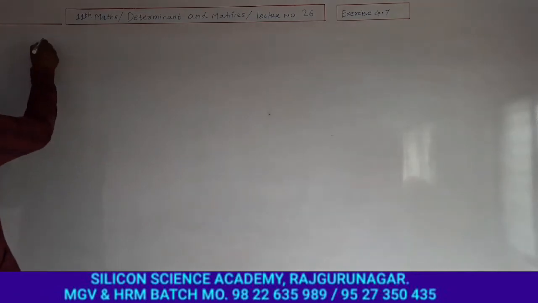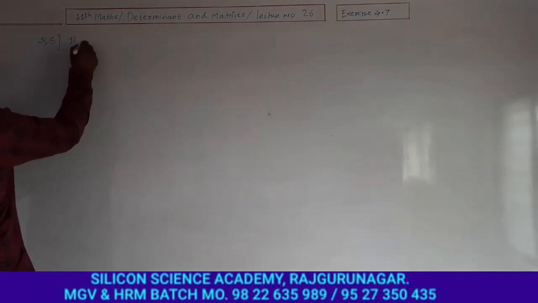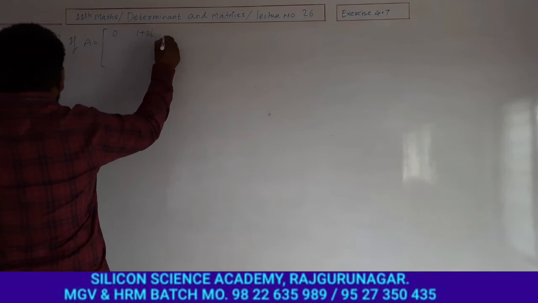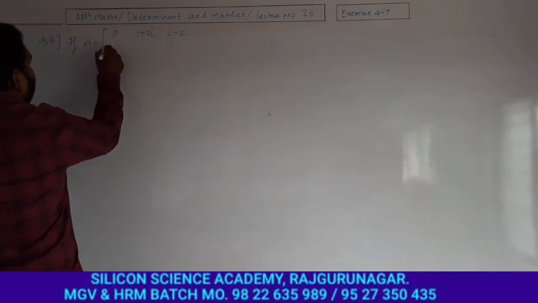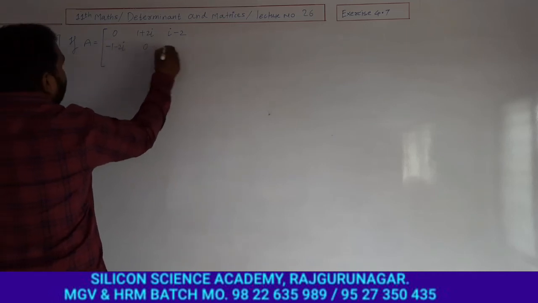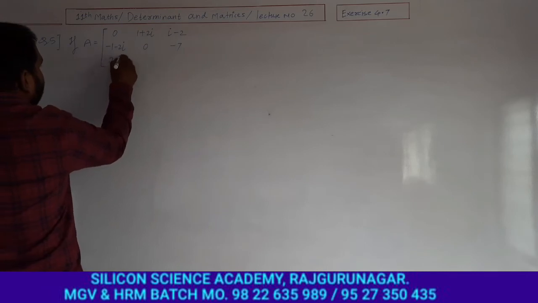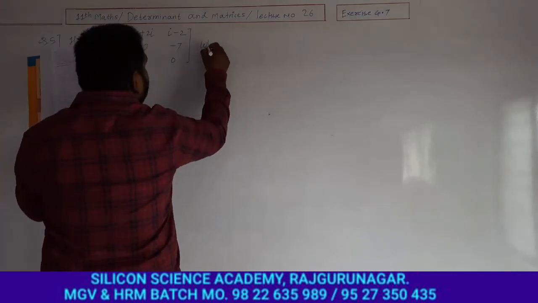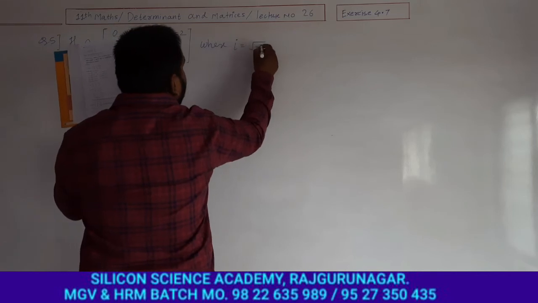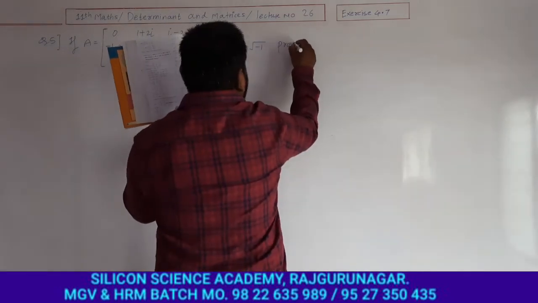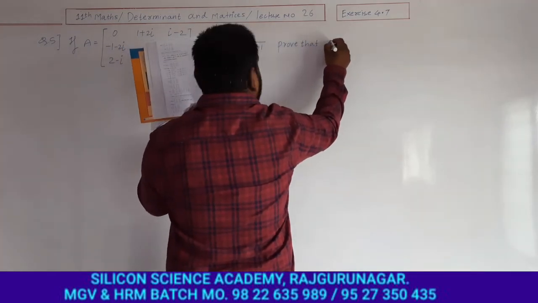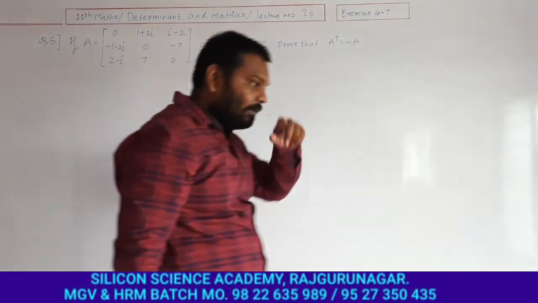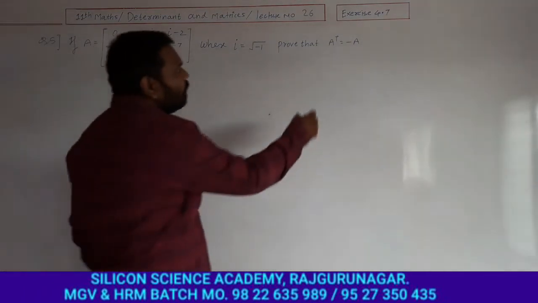If A is equal to 0, 1 plus 2i, i minus 2, that is minus 1 minus 2i, 0, minus 7, 2 minus i, 7, 0, where i is equal to under root of minus 1, then prove that A transpose is equal to minus of A. We have to prove that A transpose is equal to minus of A.